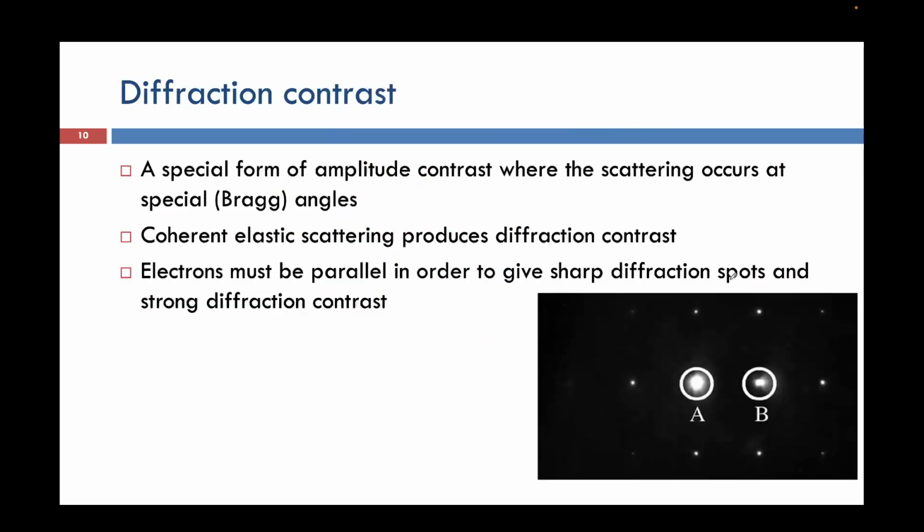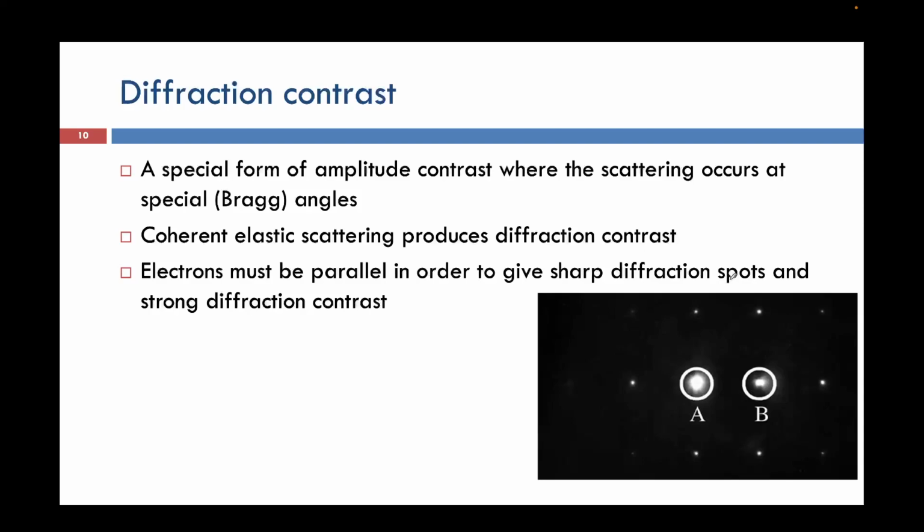Now coming to the amplitude contrast, there are two types. One was mass thickness contrast, which we saw, and the next one is diffraction contrast. So what do we mean by diffraction contrast? We know that some of the planes will be oriented in certain directions.